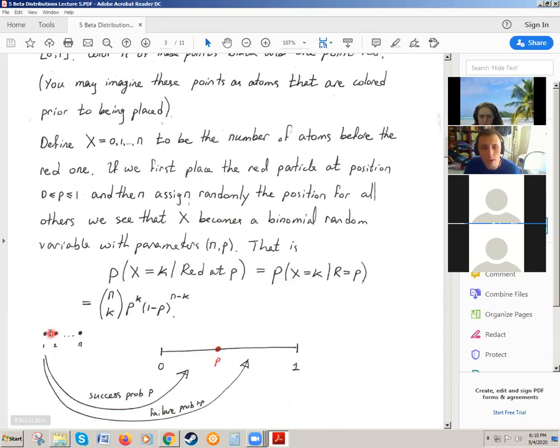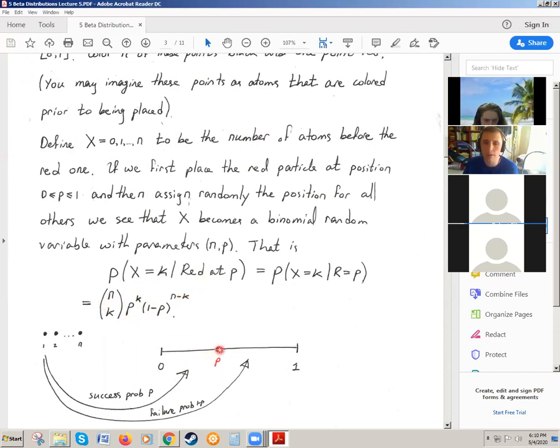So what happens? The probability that X equals k, given that I know where the red particle is, is just a binomial random variable. If I know where red is, the probability that X equals k is simply n choose k, P to the k, 1 minus P to the power of n minus k. Good?